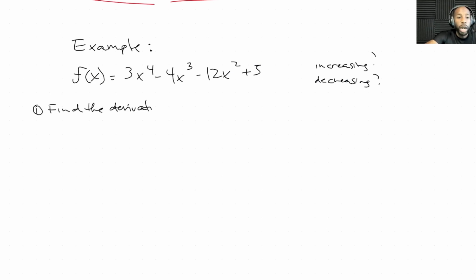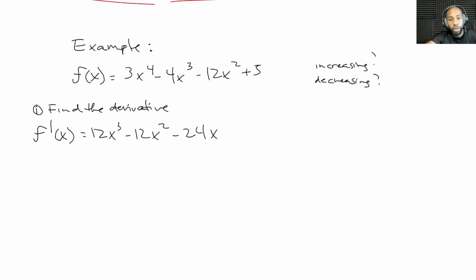Okay. So f prime of x is equal to 12x cubed minus 12x squared minus 24x, and then the derivative of 5 is 0, so there's nothing there. Now, if you look, we can actually do some factoring here. So you can factor out a 12x.